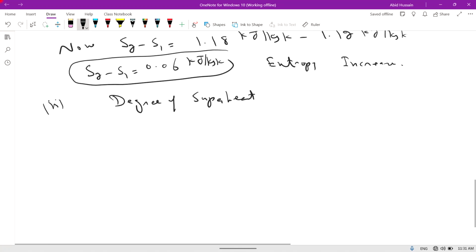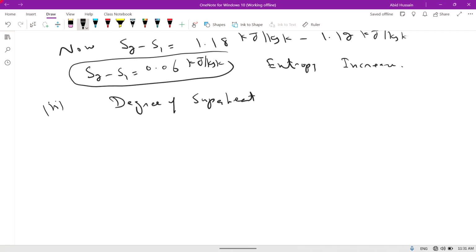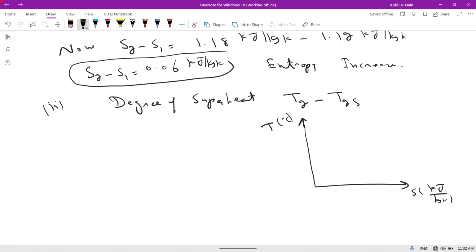Now we found part 2, degree of superheat. Degree of superheat is equal to T2 minus T2S. It means the given temperature T2 in the superheated region minus the saturation temperature at P2. This is the TS diagram, with temperature in degrees centigrade and entropy in kilojoule per kilogram per Kelvin. This is something like the saturation curve.